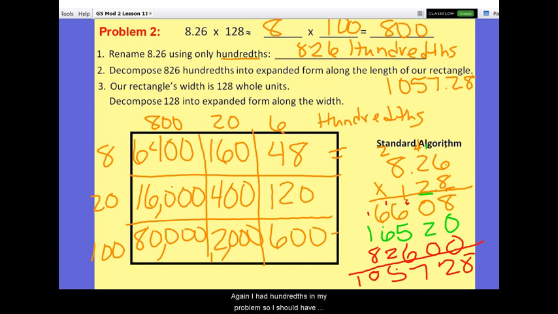And again, I had hundredths in my problem, so I should have hundredths in my answer, and I end up with the same product for both the area model and my standard algorithm. Okay, so let's take a look at another one.